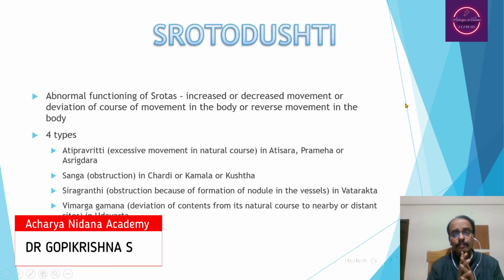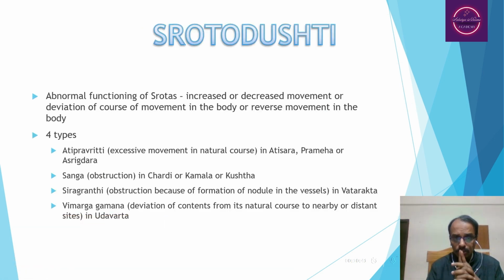Now, regarding the abnormal functioning of the Srotas, we need to look into the actual terminology of Srotodushti, which means abnormal functioning. This may be increased movement happening in the Srotas. Srotas may be a tubular structure, a circular structure, or a meshwork, etc. There are different descriptions for the term Srotas.